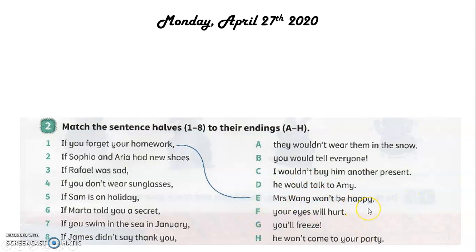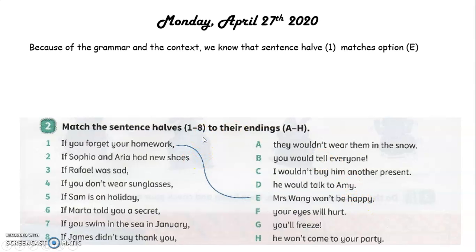If we are working with the second conditional, your options are would, wouldn't. Check out the example. Check the grammar and check the context. With these two pieces of information, we can see that the only half that matches number 1 is E. To read, if you forget your homework, Mrs. Wang won't be happy.